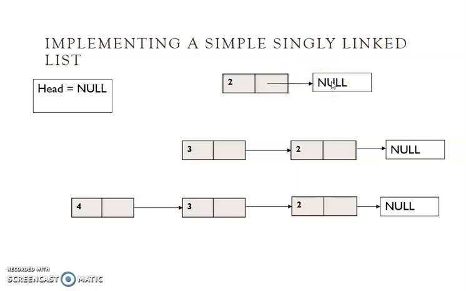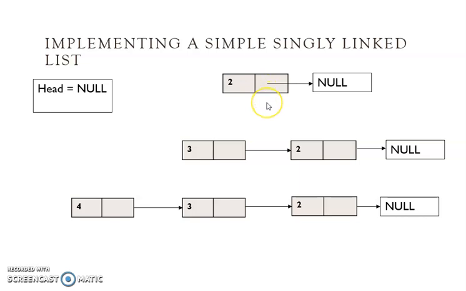So this new node which I have created will point to a null value, the data stored here is 2, and this node becomes the new head. Initially head was null; now, this is the programming logic, this node becomes the head of my linked list.